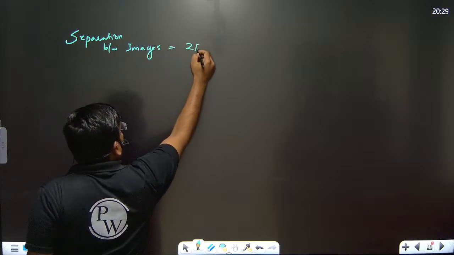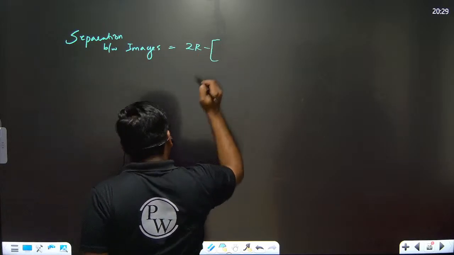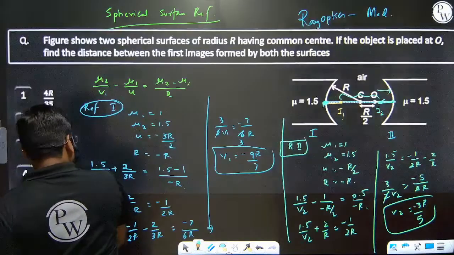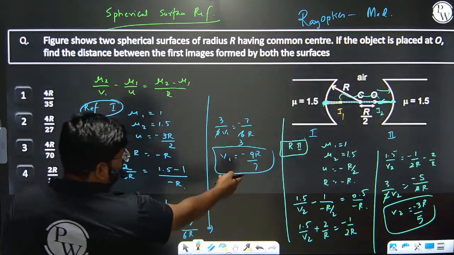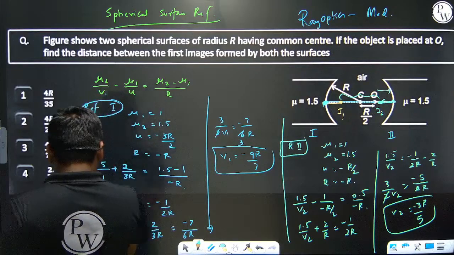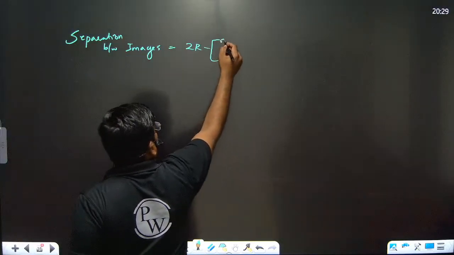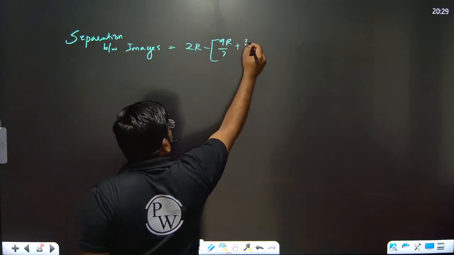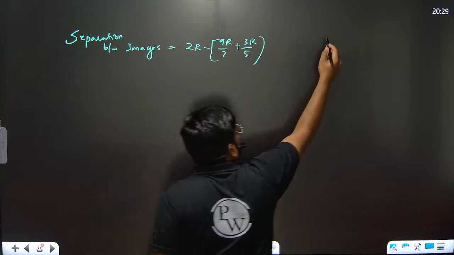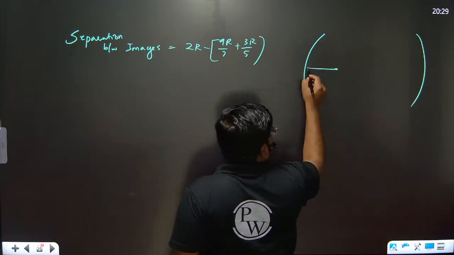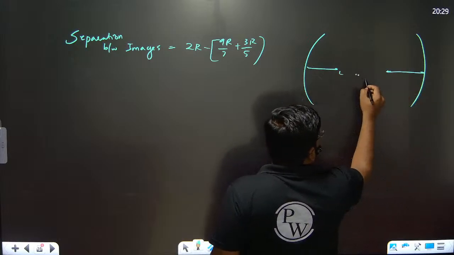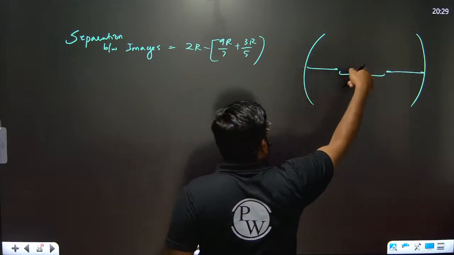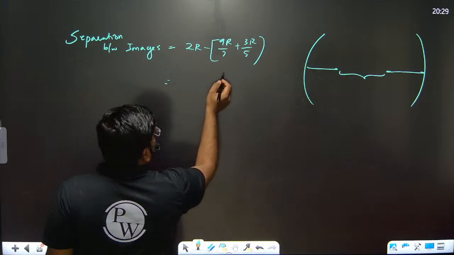So 2R minus the two distances, what are the distances? One is 9R by 7, the other is 3R by 5. 9R by 7 plus 3R by 5, it's like this. So from this distance we want the separation. This was 2R, we are subtracting it, how much is it coming out?